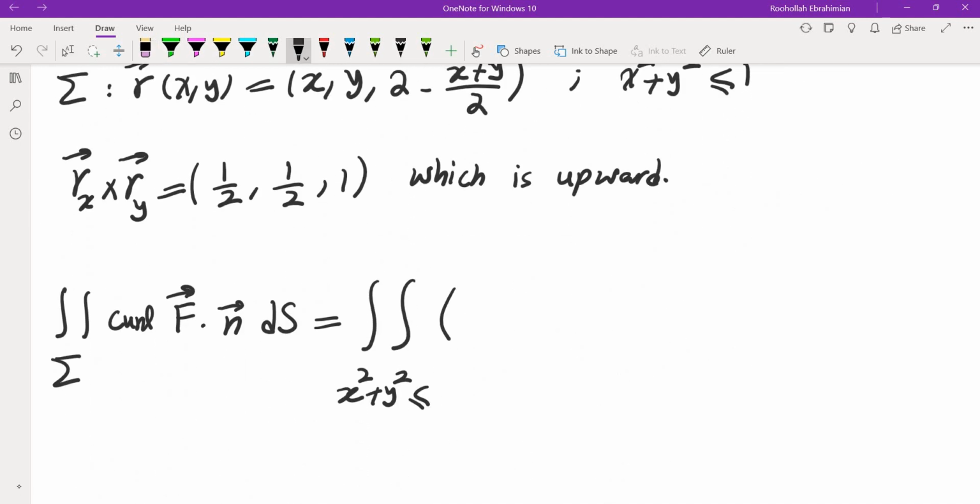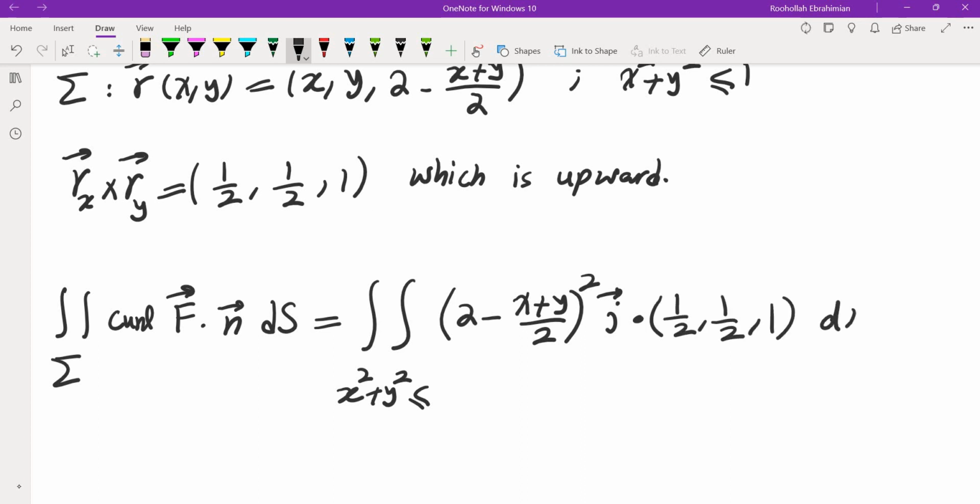So z would be 2 minus (x plus y) over 2, squared, j, dotted with the normal vector, which is 1/2, 1/2, 1, and dA.